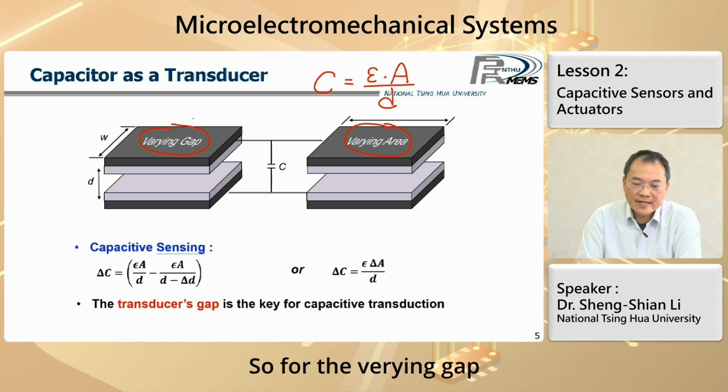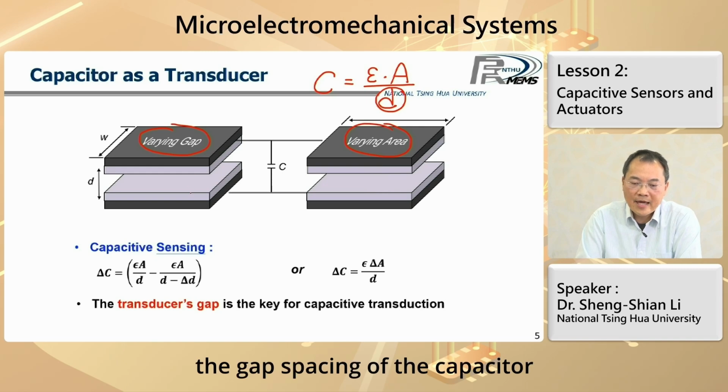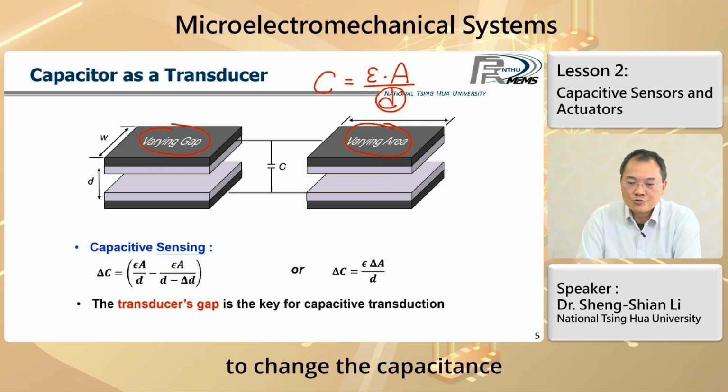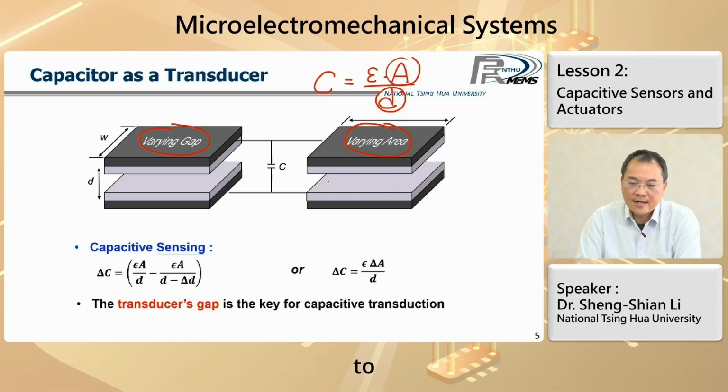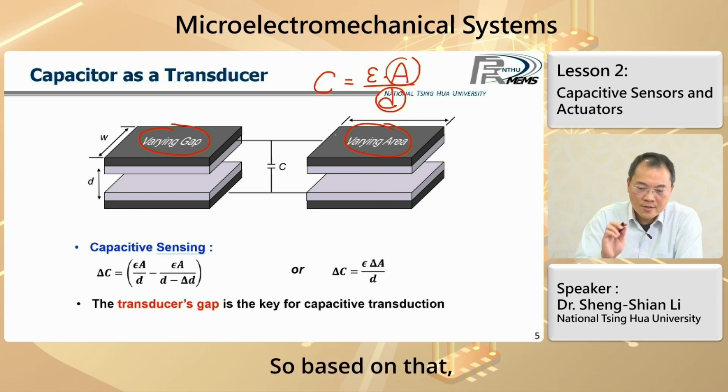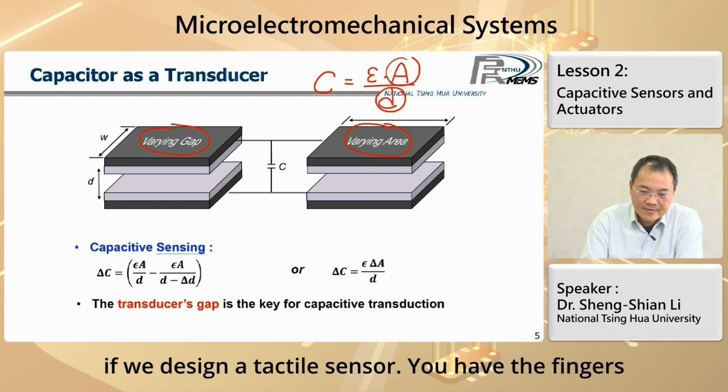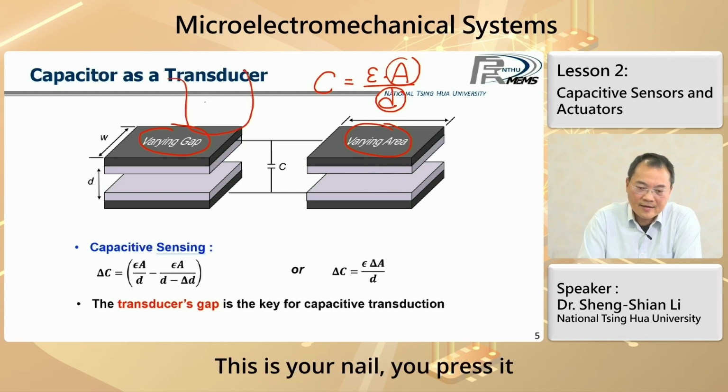So for the variant gap, we actually change the gap spacing of the capacitor to change the capacitance. For variant area, we actually change the area to vary the capacitance. So based on that, if we design a tactile sensor, you have the fingers, right? This is your nail.